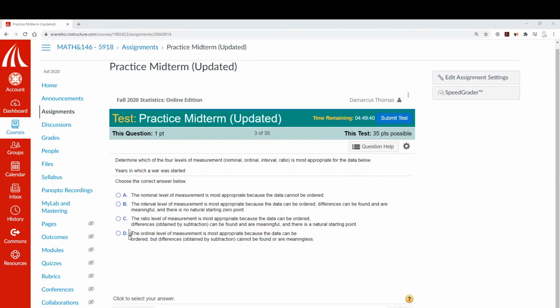So for that reason, we're going to say that it's an interval of time. The level of measurement we'll choose is an interval because we're dealing with time that the war started, versus ratio, where we're talking more about the height, the distance, the lengths, the volumes, things like that, measured from 0 to some other number.